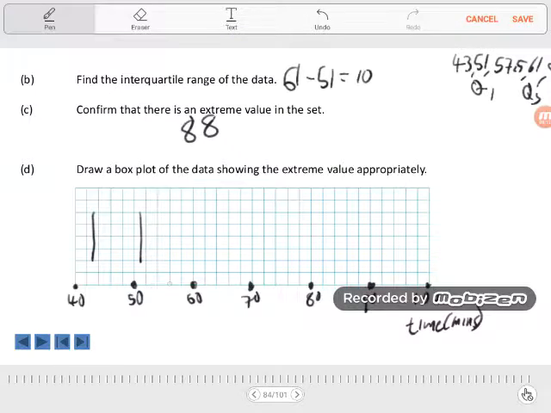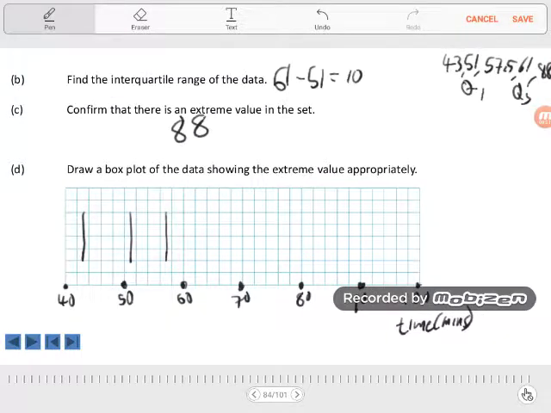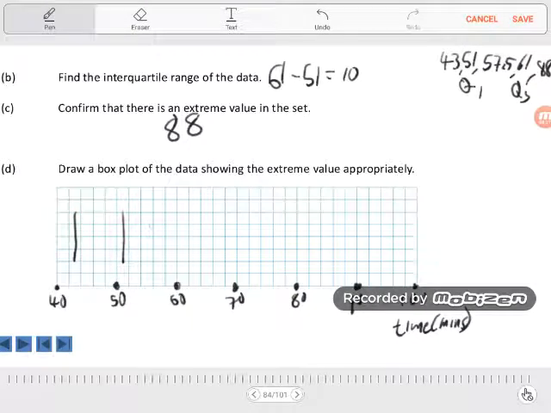57, 2, 4, 6, 7. There's our median. Beg your pardon, it's 57.5. Just have to shift that up a little bit. 2, 4, 6, 7, more like here. 61 and 88.